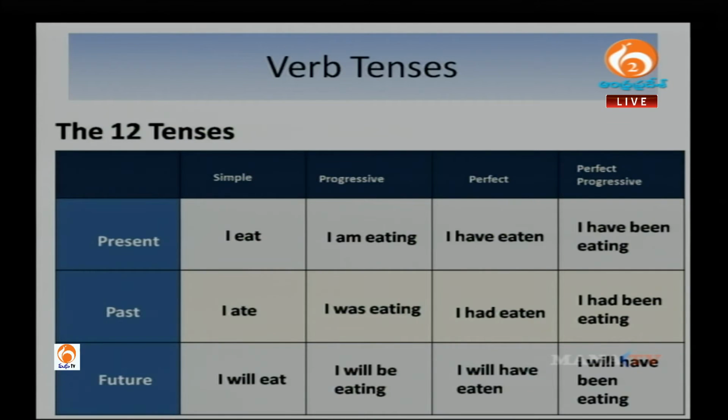Okay, and then moving on to something that is a little confusing over here, but it's very easy to remember if you follow whatever I am telling you right now. Perfect tense. People do get confused with past perfect tense and present perfect tense. These four blocks are where people get confused.